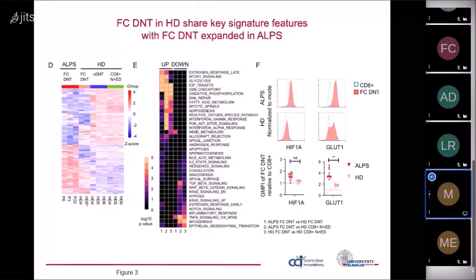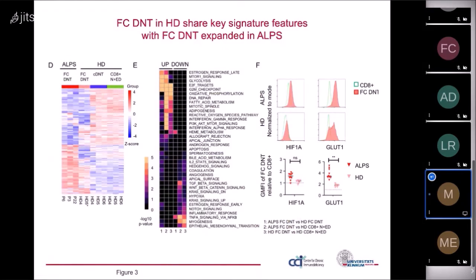So this was a very interesting finding, and we were surprised. And so we wanted to see closer. So we wanted to explore further the relationship between the FC DNT in the healthy donors and in the patients, and their link with the conventional DNT. So we went back practically to transcriptional analysis.